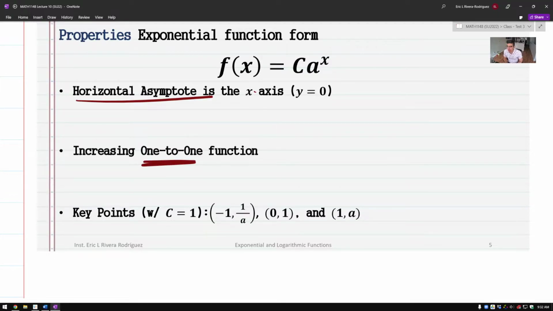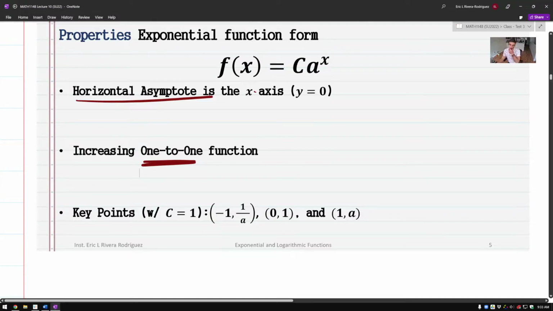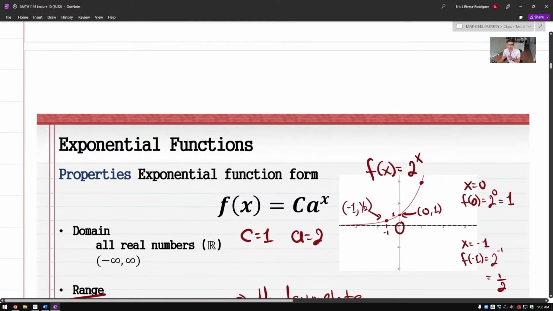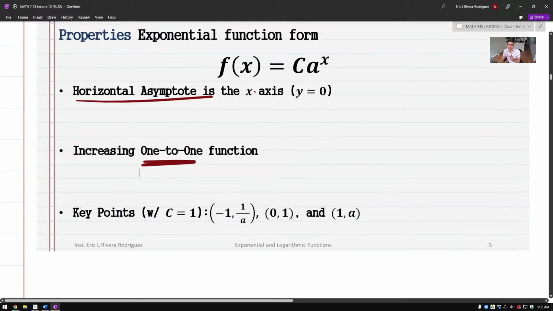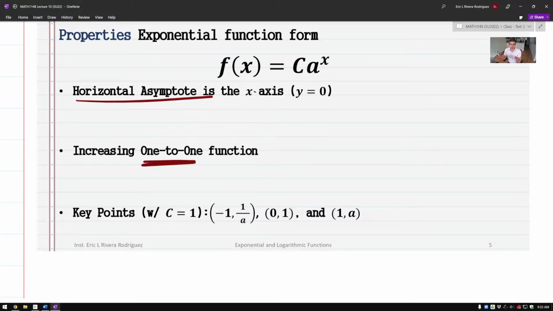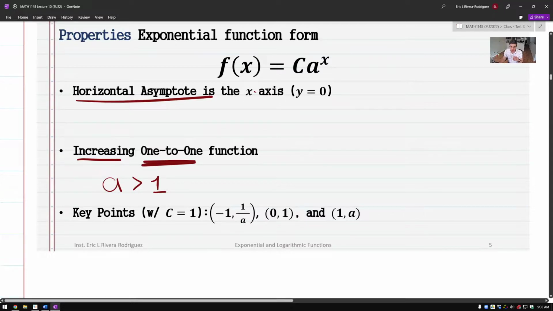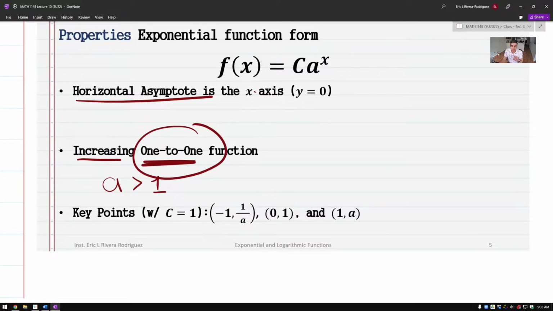For the exponential function that we are seeing right now, we are not talking yet about different values for the base, which could be less than 0, less than 1, or greater than 1. But if we consider a to be greater than 1, we have an increasing behavior, and it is a one-to-one function.